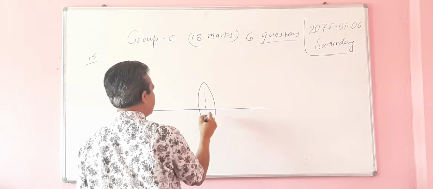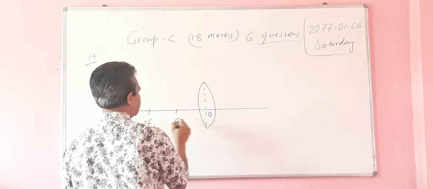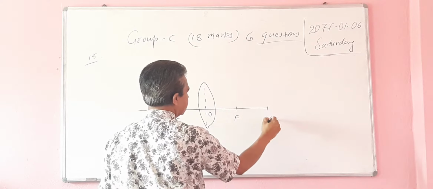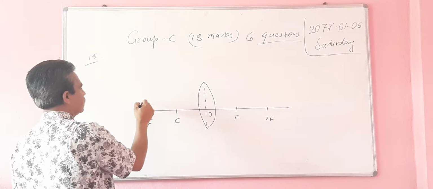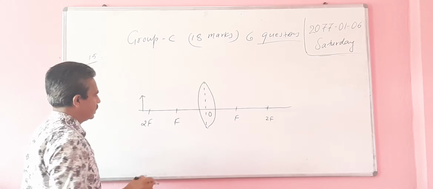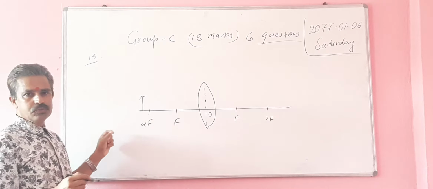Optical center O, principal focus, radius of curvature. Where is the image? We have to find out. The object is given beyond 2F.